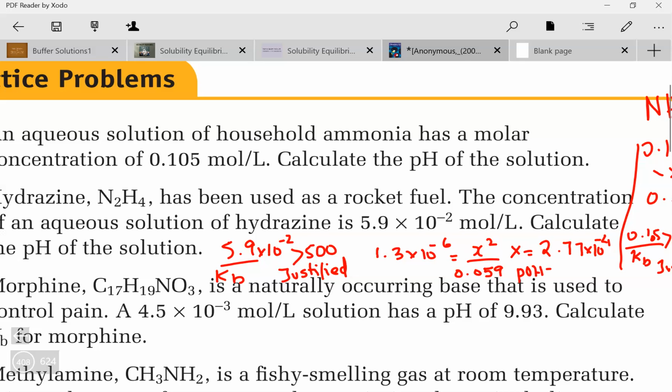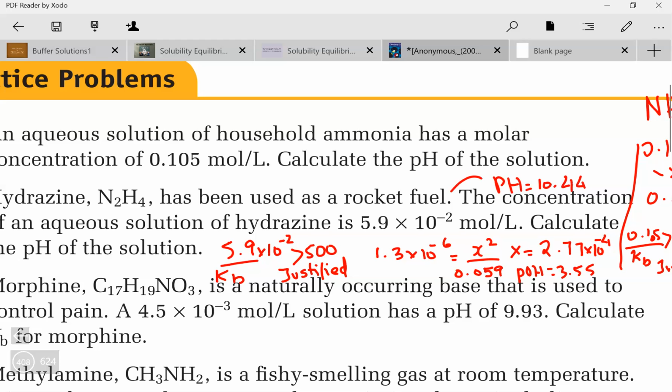It's 3.55. pH is 14 minus that. Oops, okay, go back. 10.44 is the pH for this question.